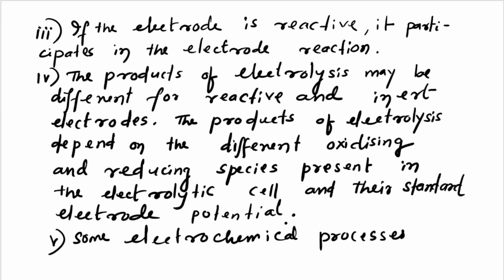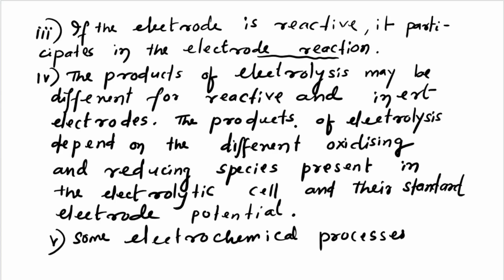The next point is if the electrode is reactive, just like copper or zinc. Then it participates in the electrode reaction. If the electrode is reactive and participates in the chemical reaction, the products formed are different for reactive and inert electrodes.